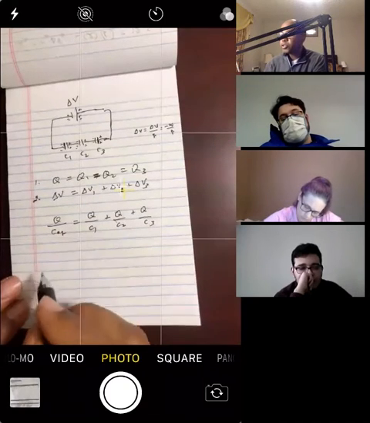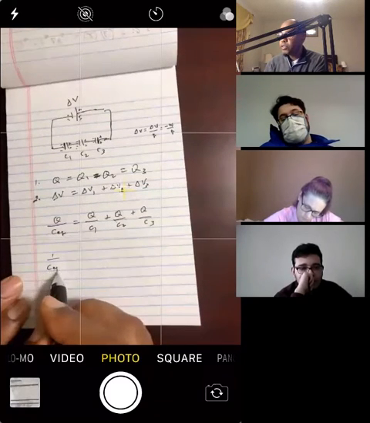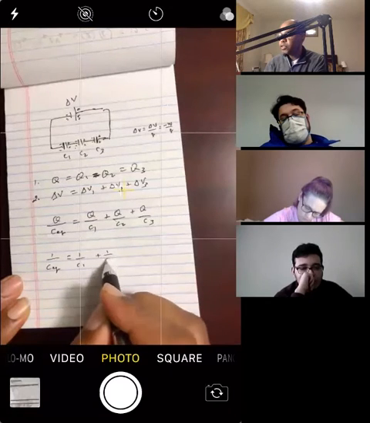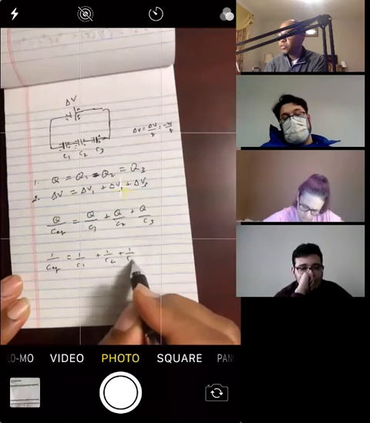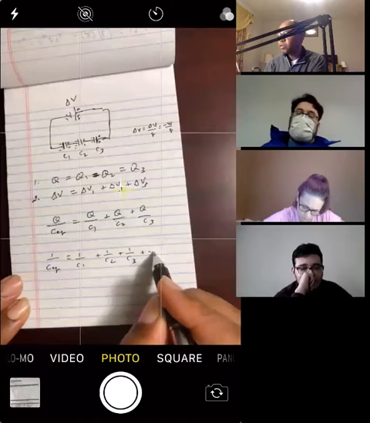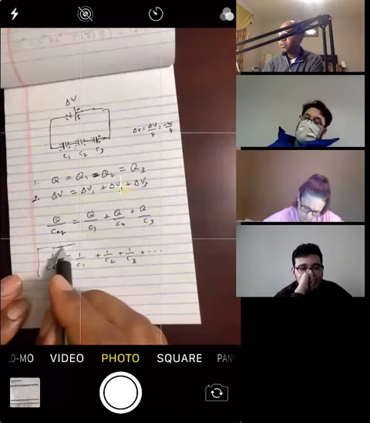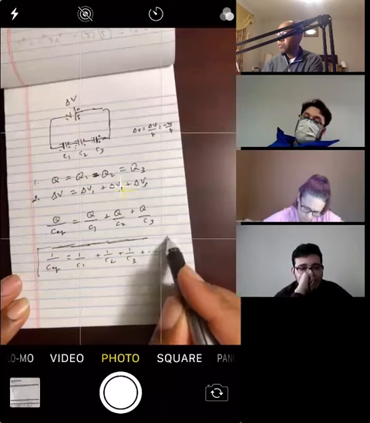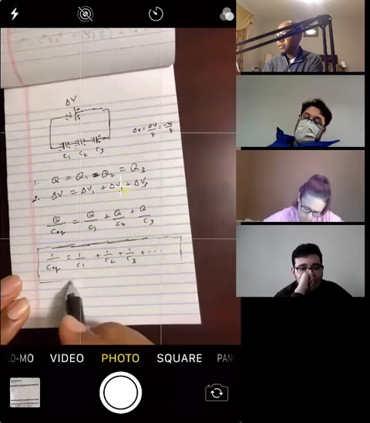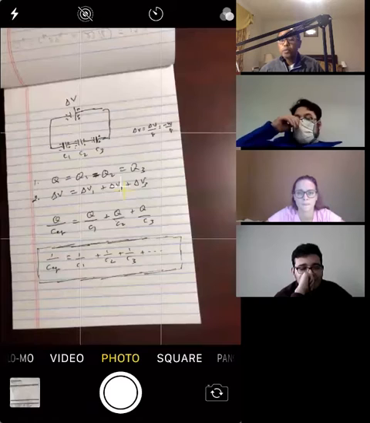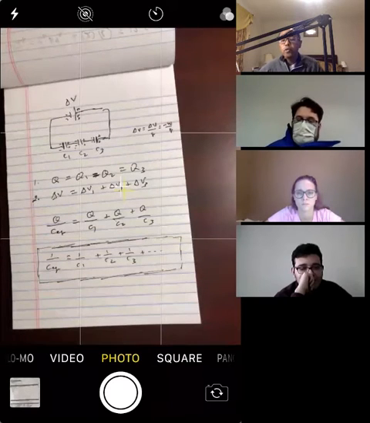So you get the following equation: 1 over CEQ equals 1 over C1 plus 1 over C2 plus 1 over C3, and the same pattern continues. That's how we calculate the equivalent capacitance of a group of capacitors connected in series. That is, the inverse of the equivalent capacitance is the sum of the inverses of the capacitances.